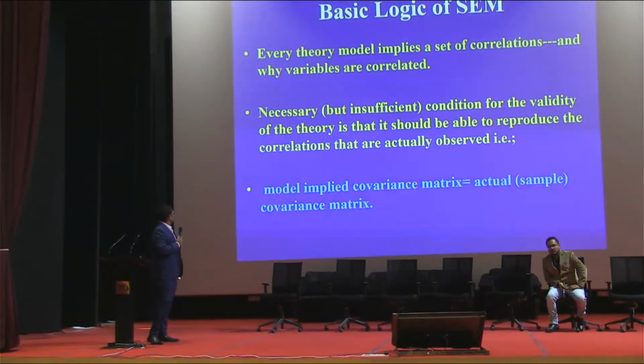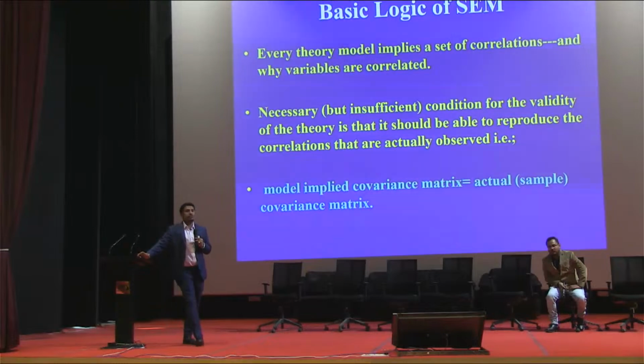Now, the basic logic of SEM: every theory model implies a set of correlations and why variables are correlated. The theory is valid when we can find the hypothesized variances and covariances in the modeled data.